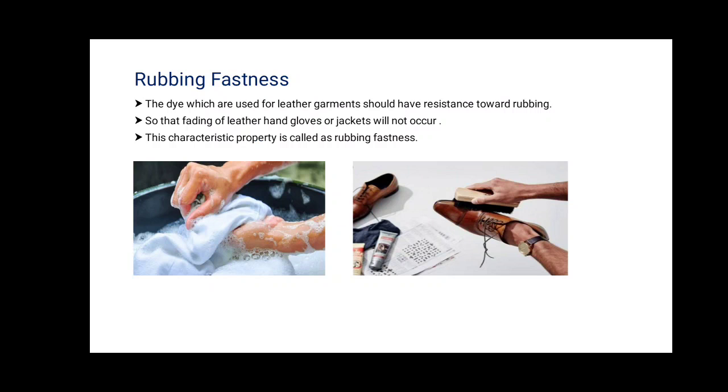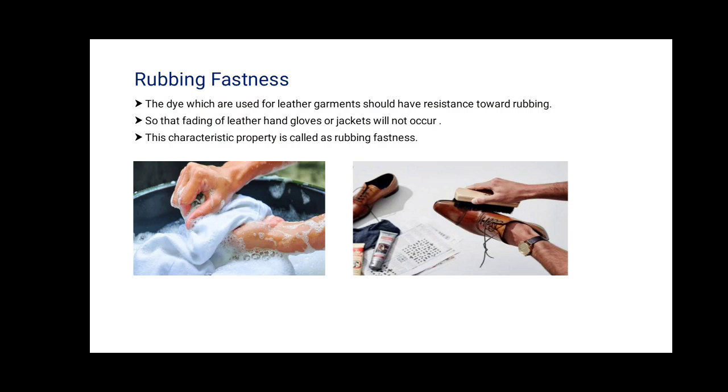When we polish shoes or rub the cloth, there is no fading of color. No fading means there is no change in original color, and that is called rubbing fastness of that dye.